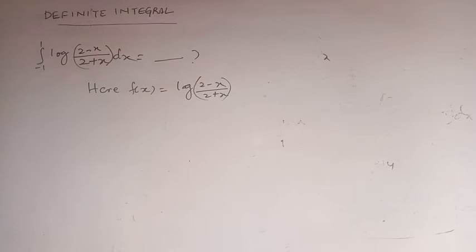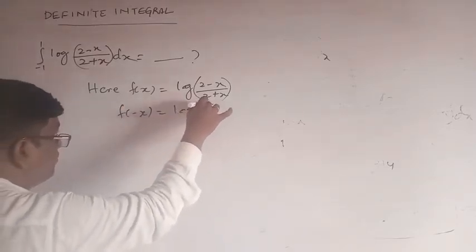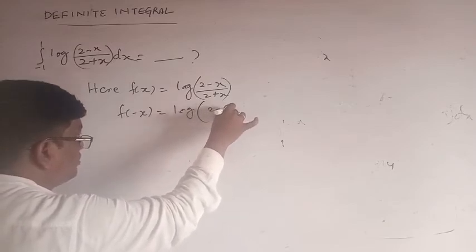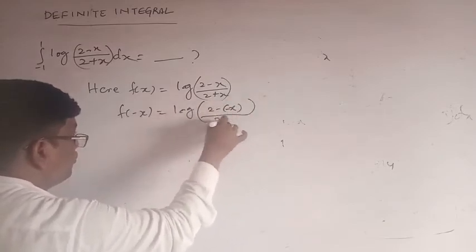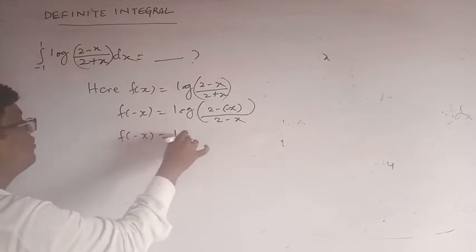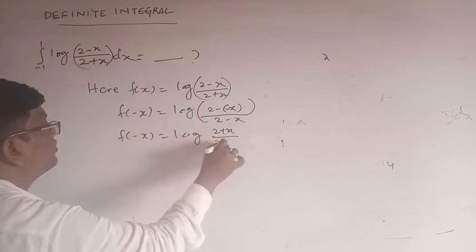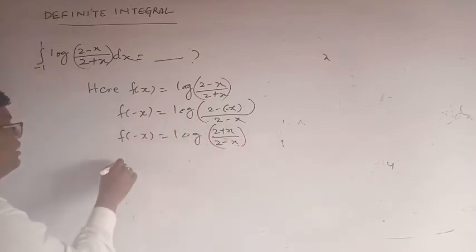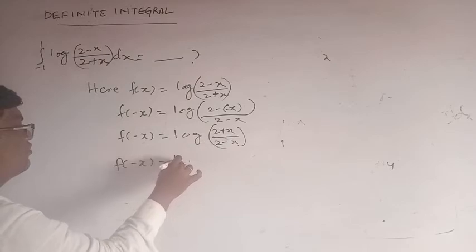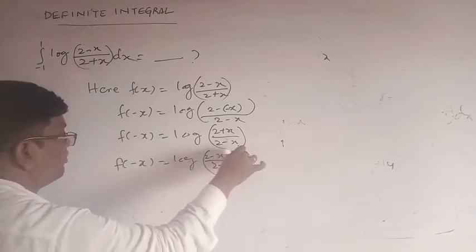Okay. f of minus x is equal to log of (2 minus of minus x) by (2 minus x). So f of minus x is equal to log of (2 plus x) by (2 minus x). We can write f of minus x as log of (2 minus x) by (2 plus x) whole to the power minus 1.